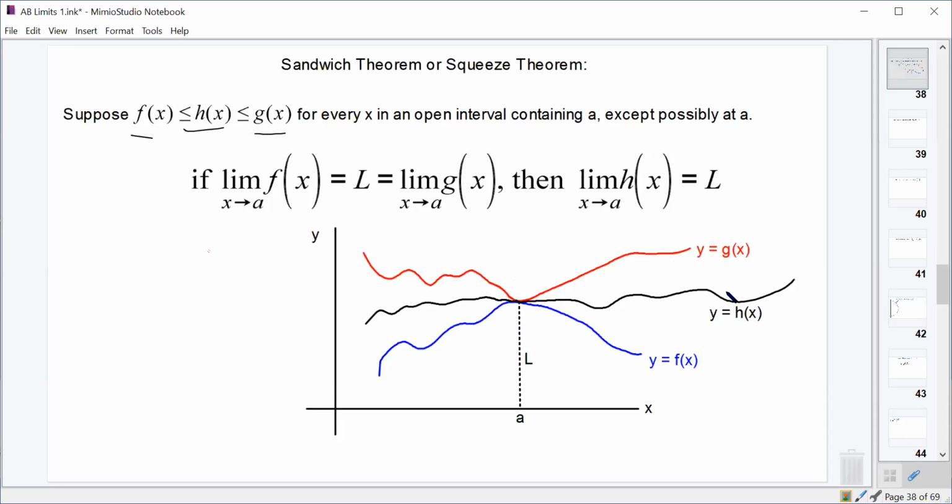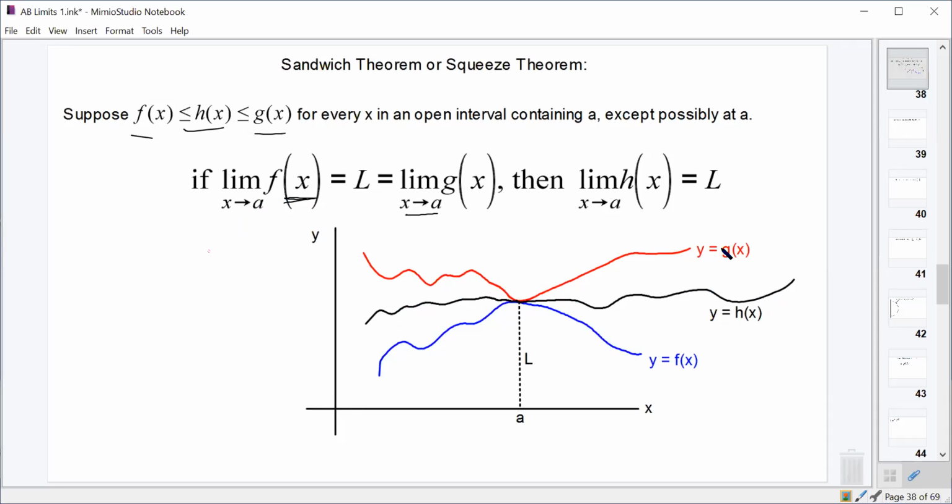Then what we would say, according to the sandwich theorem, is if the lower function, f of x, has a limit as x approaches a of some number L, and the upper function, g of x, has that same limit as x approaches a, then that means the one that is sandwiched between them also has the same limit.